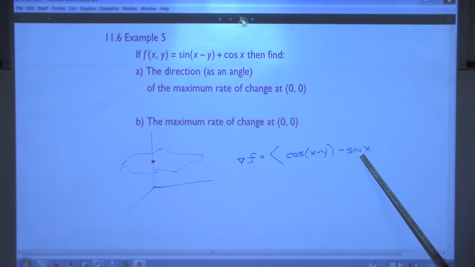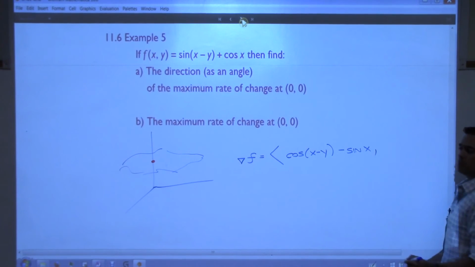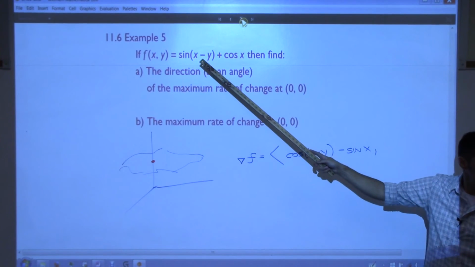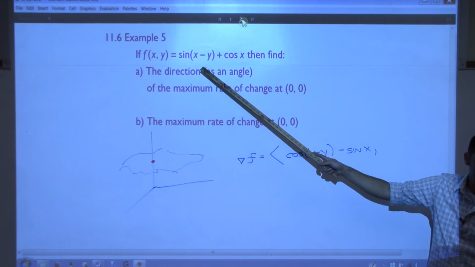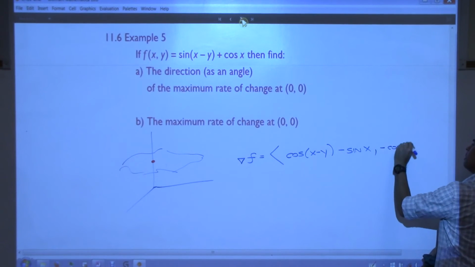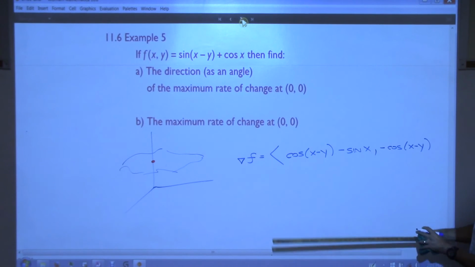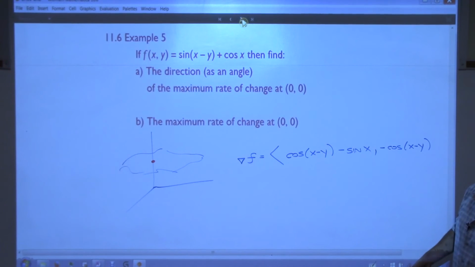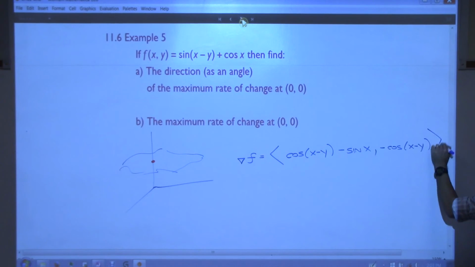So that gives you this. Then that's your partial with respect to x. The partial with respect to y, be a little careful here, is cosine of (x minus y), but then the derivative inside is what? Negative 1. So it's negative cosine of (x minus y). And then the derivative of this piece is 0, because x is a constant. So that's it, right? That's my gradient vector.